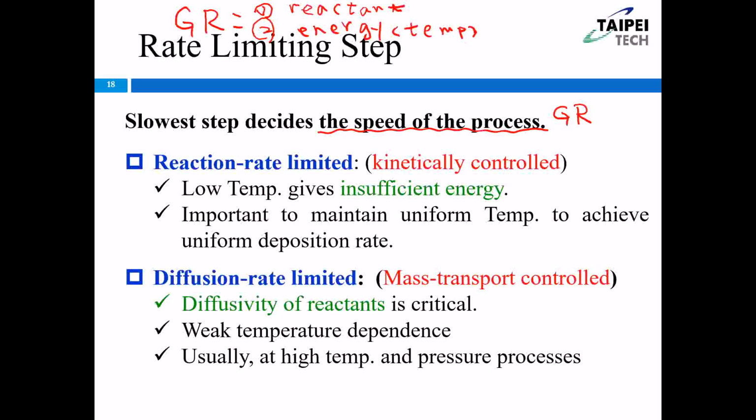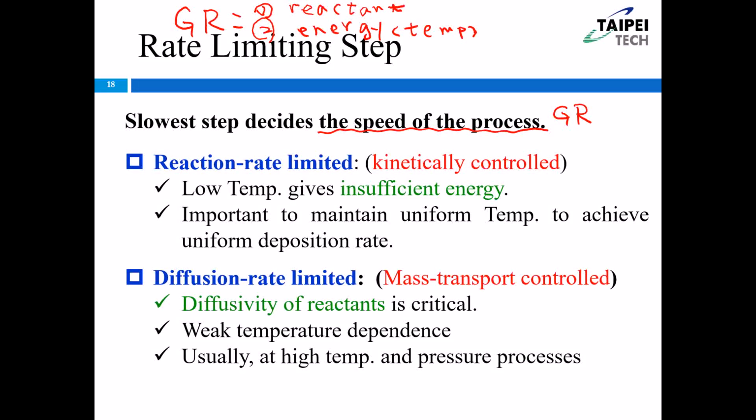So the first case here means, if we have enough reactant, so many reactants, but we don't have enough energy, then the first mechanism, we call it reaction rate limiting.